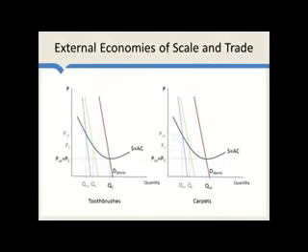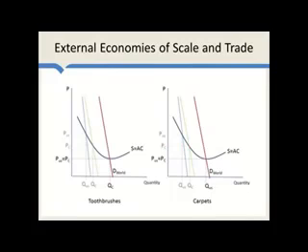So, for example, let's look at the total world demand for toothbrushes, which is simply just the U.S. demand plus the Chinese demand. So this is the total world demand for toothbrushes. This is the total world demand for carpet. Again, just the U.S. demand plus the Chinese demand.